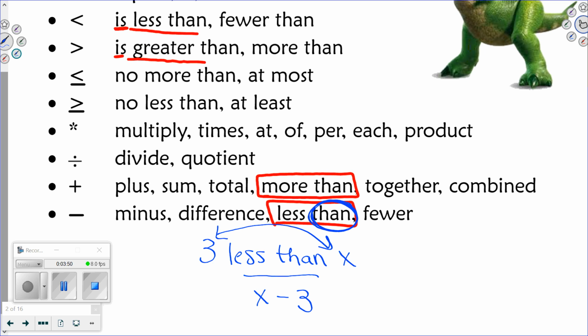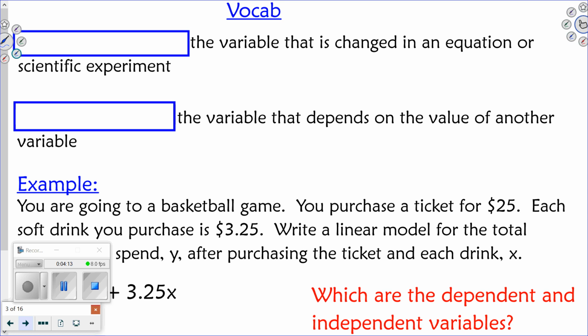It's not 3 minus x. That than right there makes me flip them to x minus 3. That's the only one that really seems to trip people up. So if it's less than, the than flips them. Otherwise, the order I read it is the order I'm writing it. Don't make this harder than it has to be. Just make a note of that than on the less than. If you flip it on the adding one, it doesn't really matter, so I'm not concerned about that one.